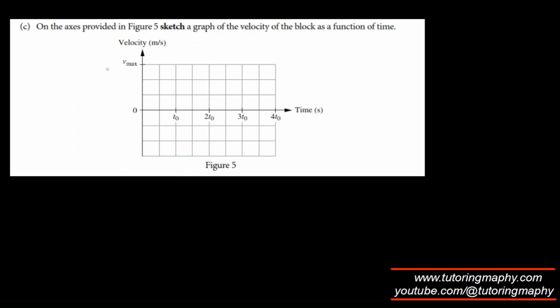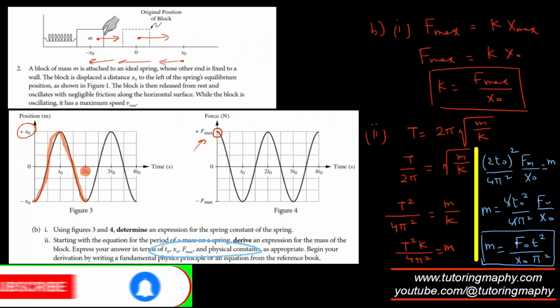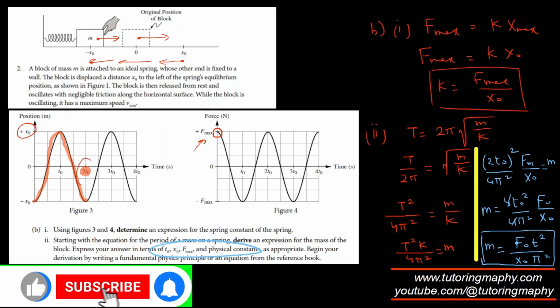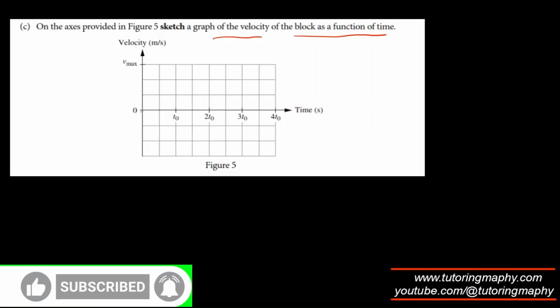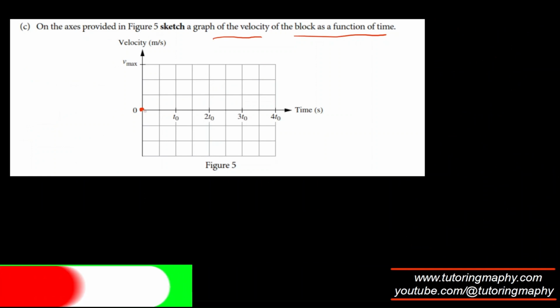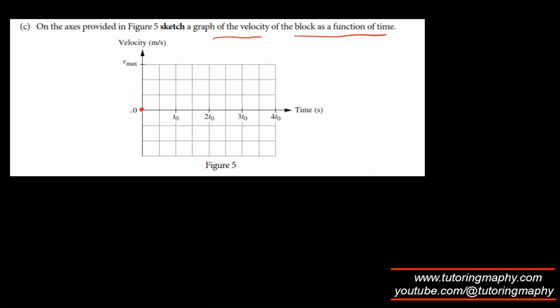In part C, they are asking us to graph the velocity time curve. The period is not going to change. The period is still 2T naught, what we saw earlier. It starts at x equal to 0.